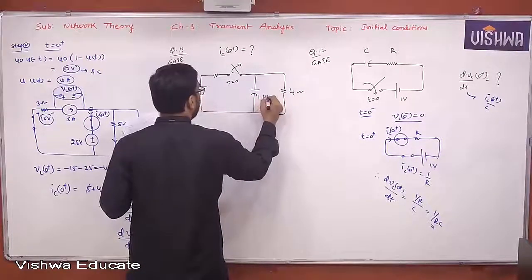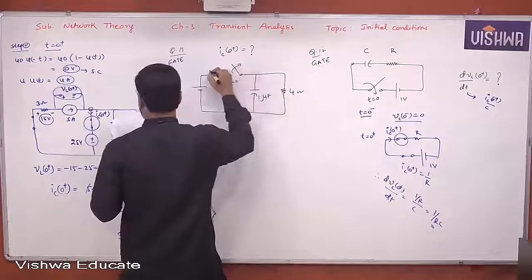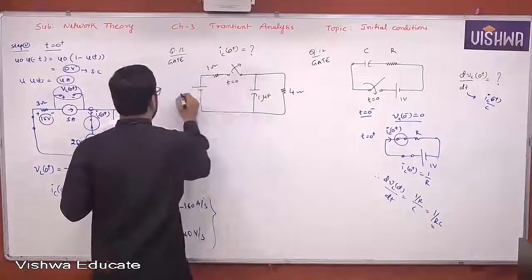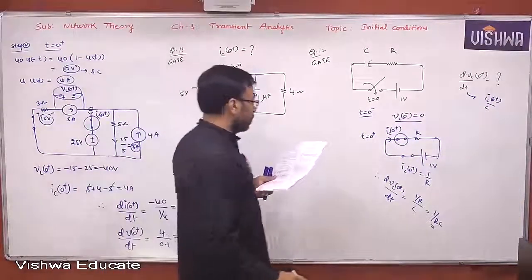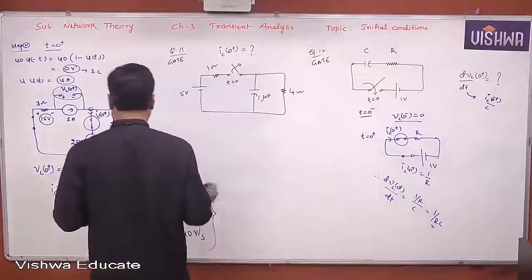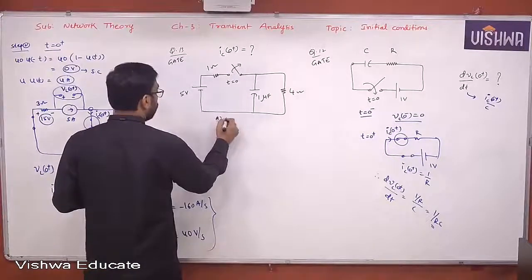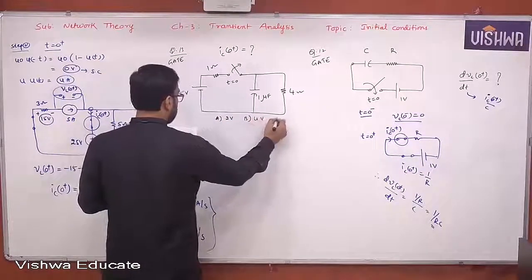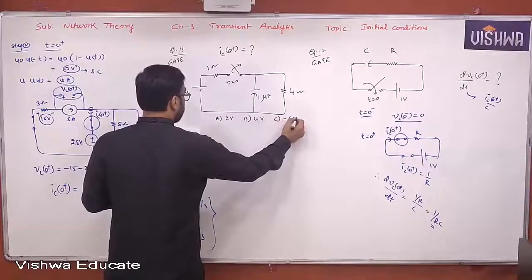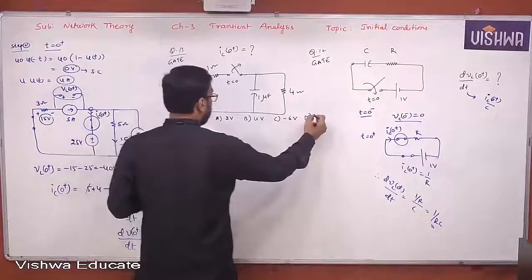Simple network again here. 1 microfarad capacitor, 1 ohm and 5 volts given here. A 2 volt, B 4 volt, C minus 6 volt, D 8 volt.